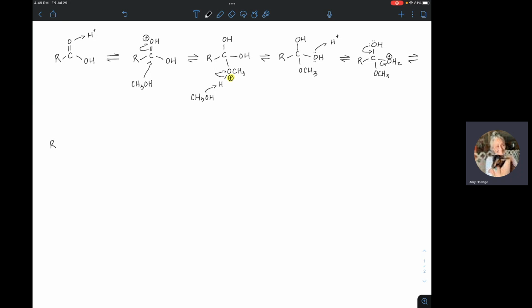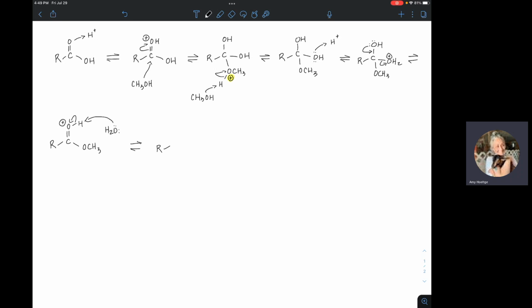So what you get, and I'll draw that suggestively because you know that's going to be plucked off, is your protonated ester. Water just took off, didn't it, in the last step? So it can come back and deprotonate the carbonyl oxygen.